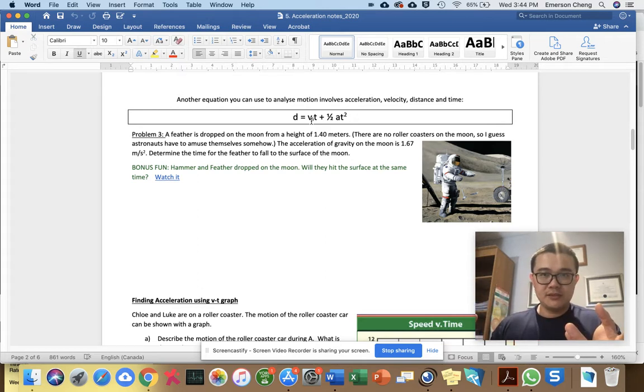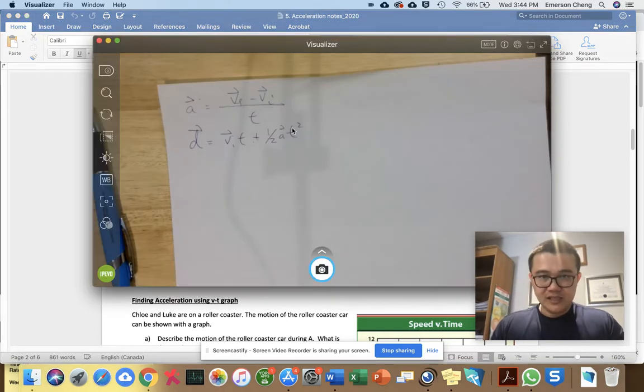That will give you the time. If you know how long they've been speeding up for, and you know their acceleration, how fast they were speeding up, you can actually calculate the displacement, the change in position. So that's the second equation that involves acceleration.